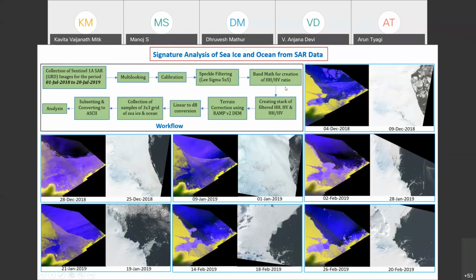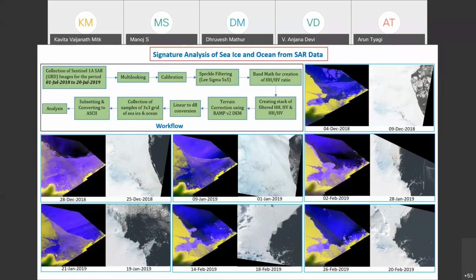As I said, when we go for operational monitoring of the Antarctic regions, SAR plays an important role, and with the availability of Sentinel-1 data, it has become really possible to derive the products at a higher resolution.